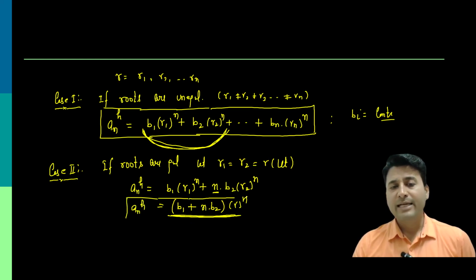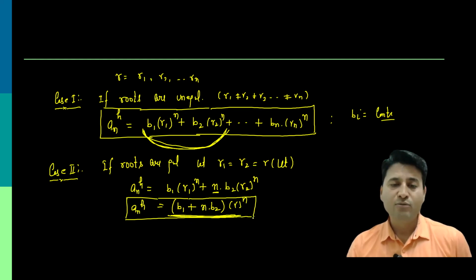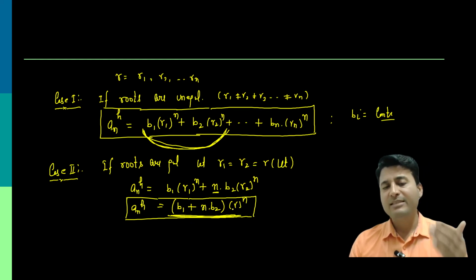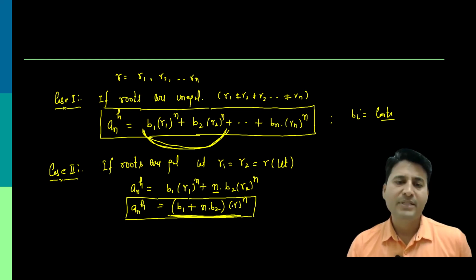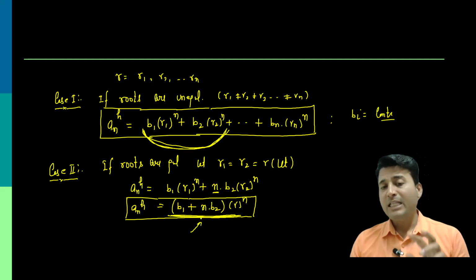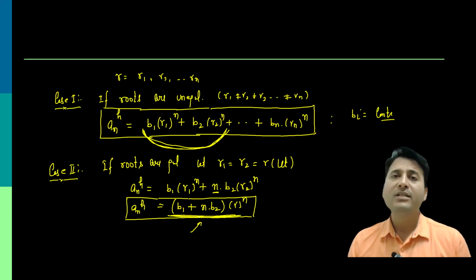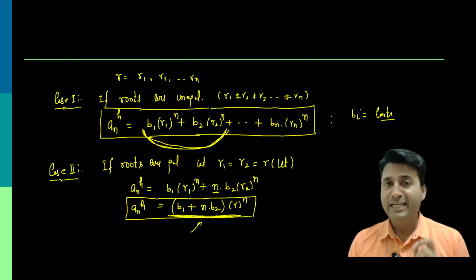It is B1 plus B2 n, times r power n. It does not matter whether I am taking B1, C1, D1, all of them represent constants. So now when the roots are equal, we are supposed to make both the solutions linearly independent.